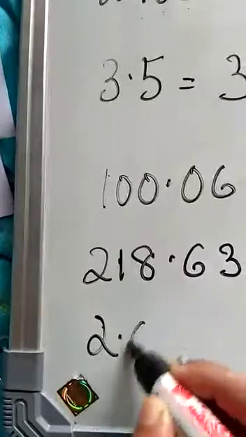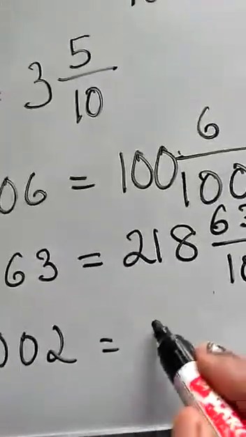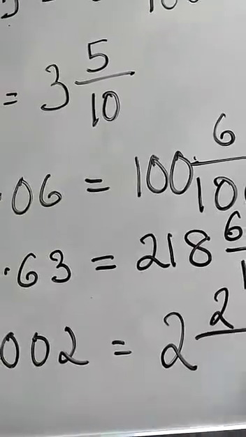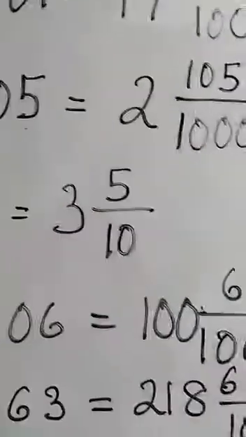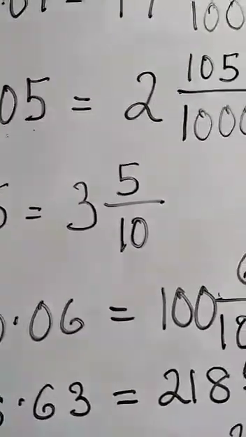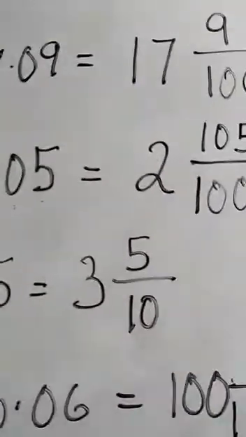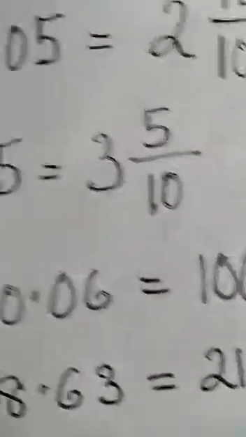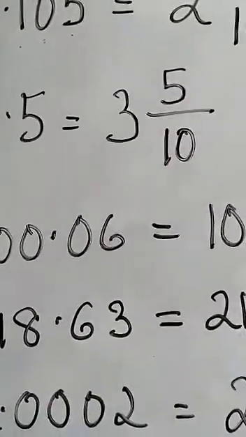Next one, 2.0002 can be written as 2, 2 by 1 and 4 zeros. Okay. So according to the number of decimal places, you will put the zeros in the denominator of the fractional part. Okay, so this is how you solve the first question.